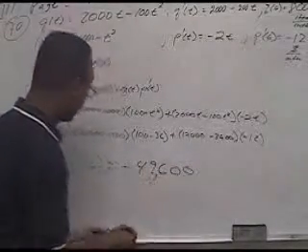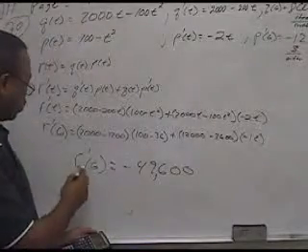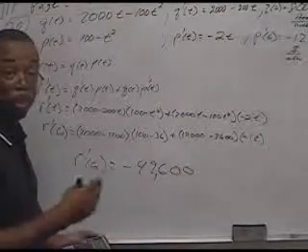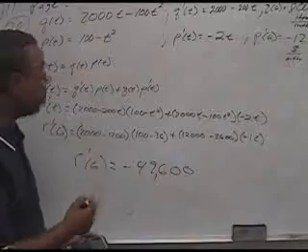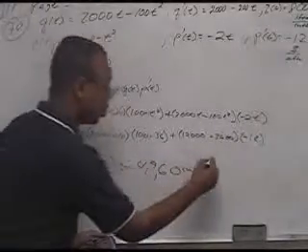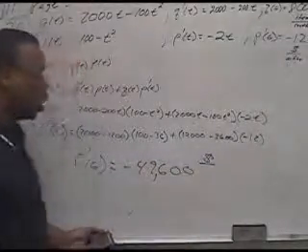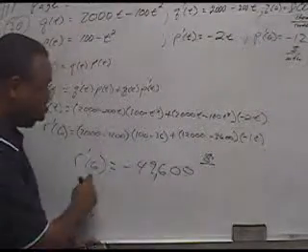49,600. Now, this is a derivative, so this is basically a slope, rise over run. The rise, the output for revenue, is money. And the run, or the input for this, will be months.